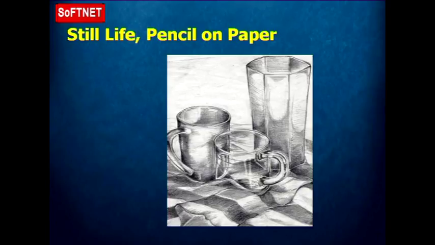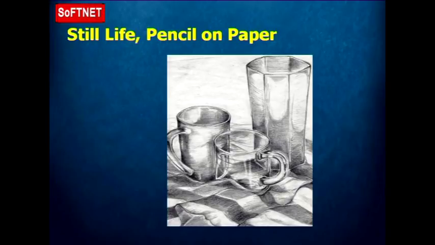So you see how the artist has captured three different material characters of three different materials, the glass, the plastic tumbler, and the metal cup. So here using pencil, the artist needs to understand how you can use pencil to bring out these three different characters of three different objects.